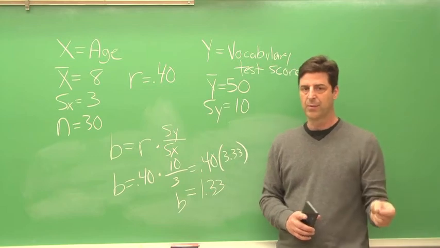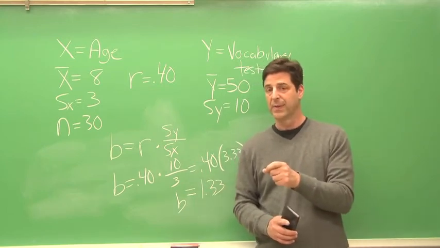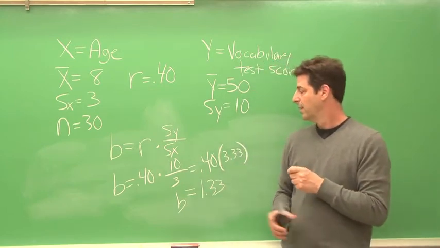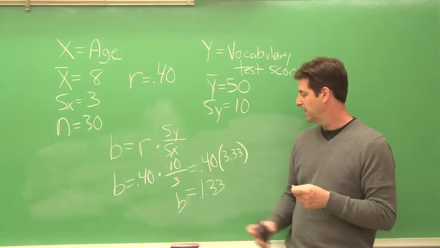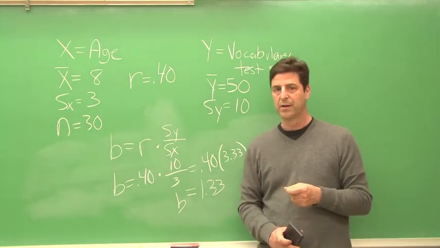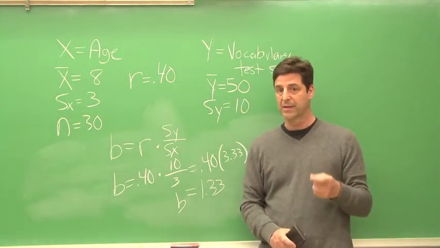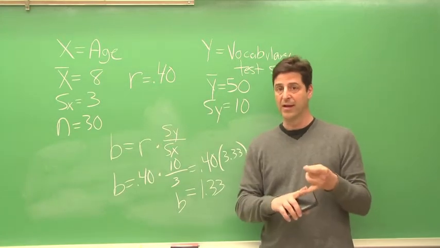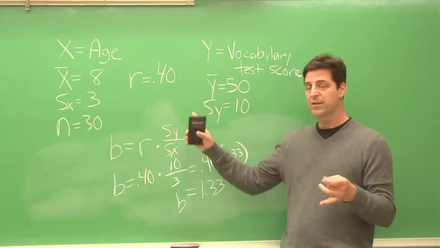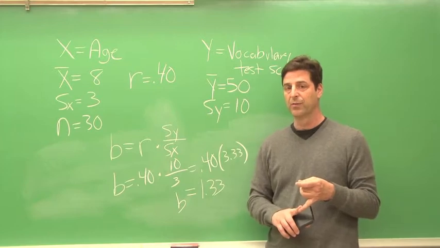X is our predictor variable, y is our dependent variable. So for every increase of 1 year of age, we predict an increase of 1.33 points on the vocabulary test. That's on average, so not every kid's going to have that. And that's just in this sample, we don't really know how this works in the population.